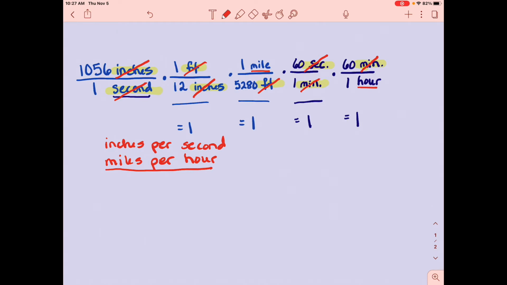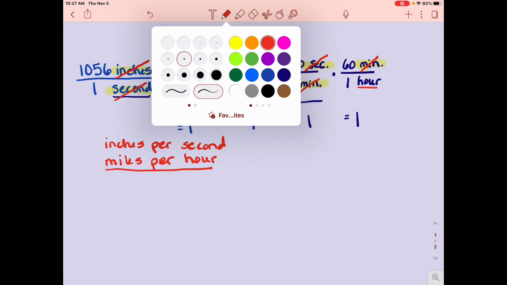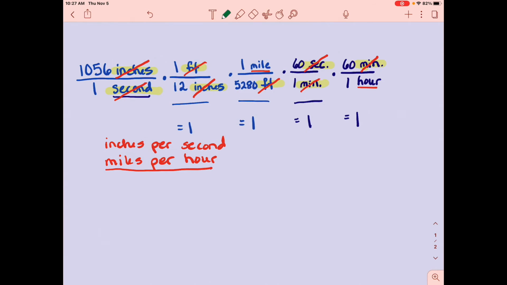So once I have the units that I want, I'll grab that. Hours is not crossed off, and miles is not crossed off. Then I'm all set up, and I just have to do the math. So I'm going to use a calculator, and I'm going to multiply everything that's on the top.